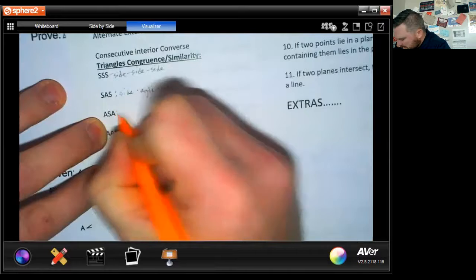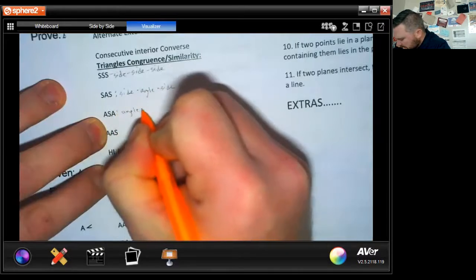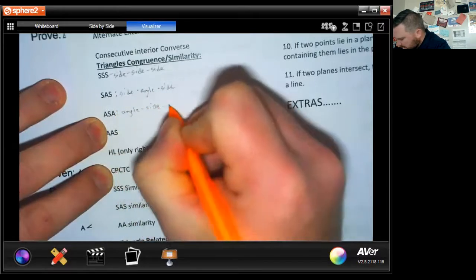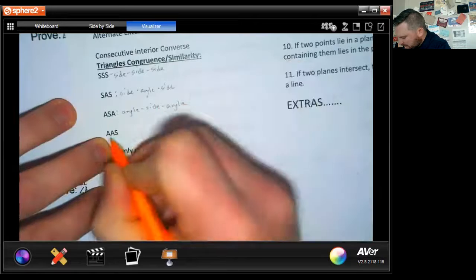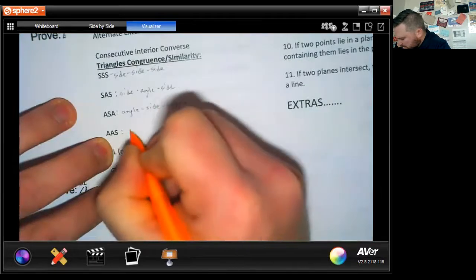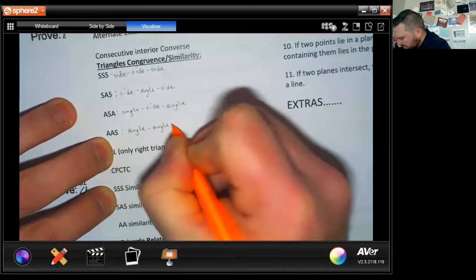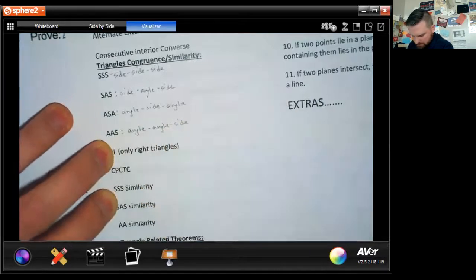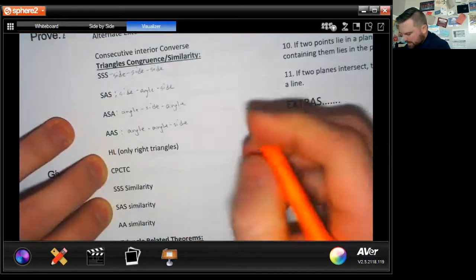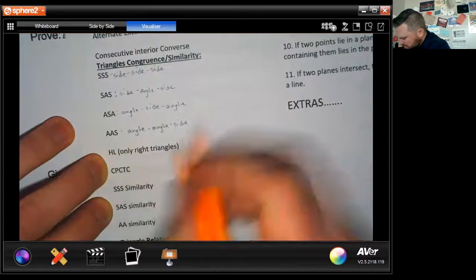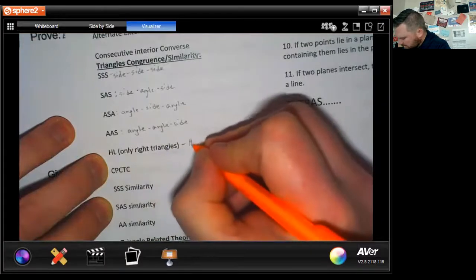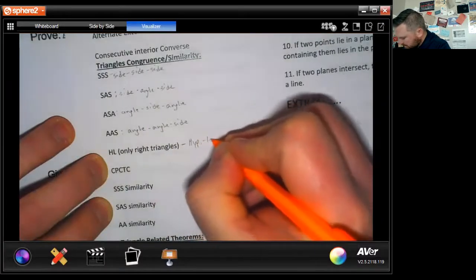ASA is angle, side, angle. AAS would be angle, angle, side. HL only on right triangles, that is hypotenuse, leg.